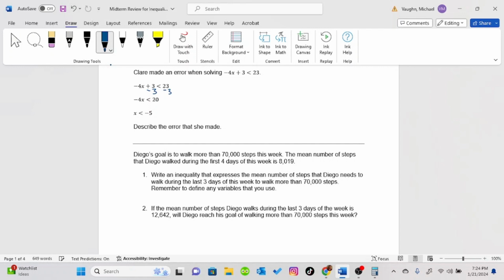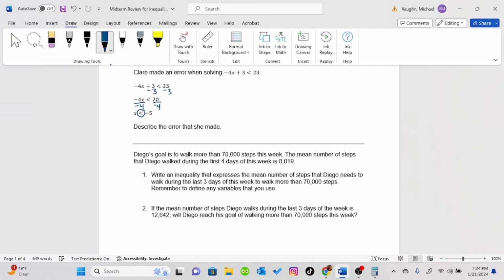In the next step, she divided both sides by -4 to get x < -5. The mistake she made was with our less than symbol.